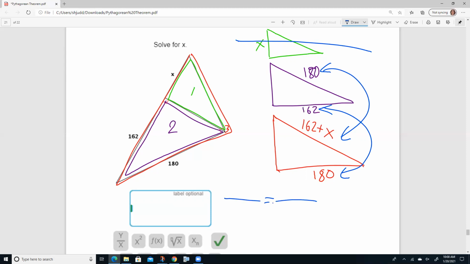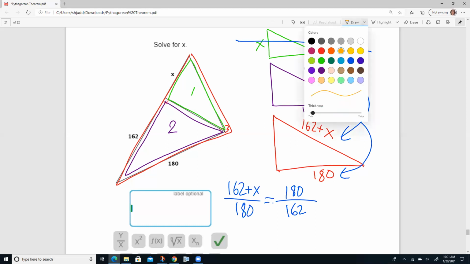So I'll start with my red triangle, 162 plus x over 180. And 162 plus x, that's the hypotenuse, corresponds to 180. And 180 is your short side, so that corresponds to 162. Now we can cross multiply.